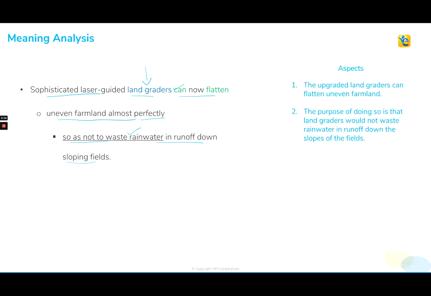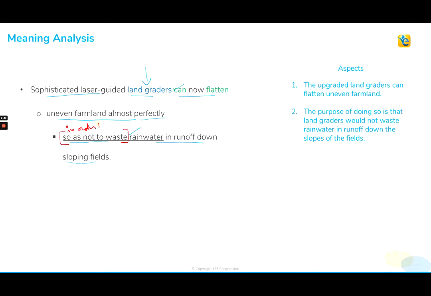Now, is this meaning logical? No, the meaning is not logical. And how do we understand that the sentence is presenting this meaning? It is because of this phrase that has been used here, so as not to waste. Now, so as is used in place of in order to.